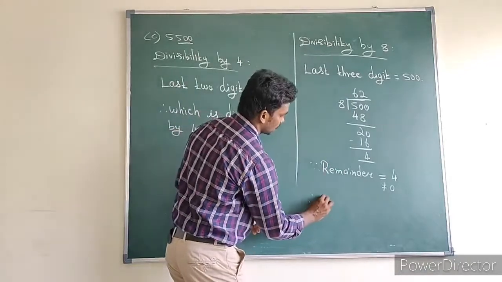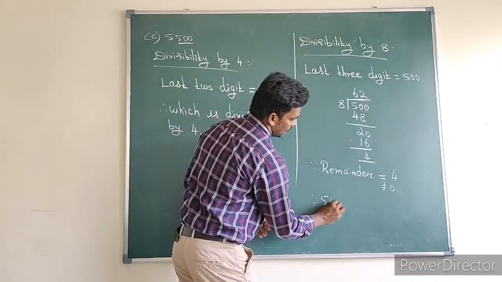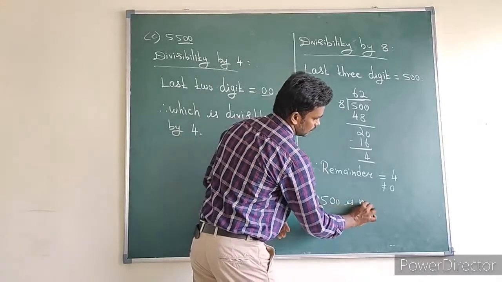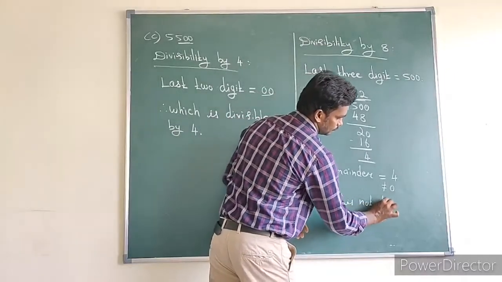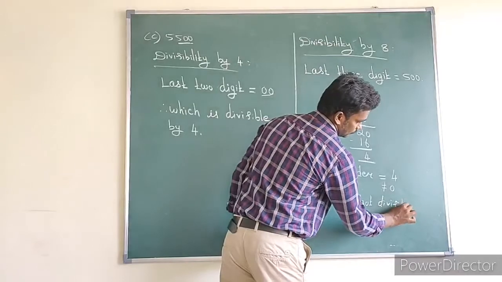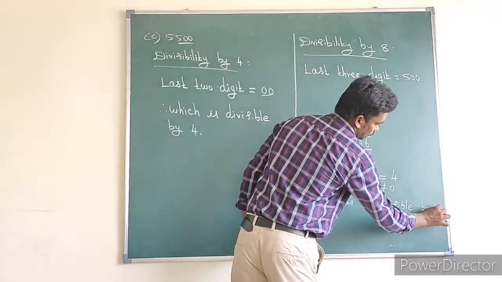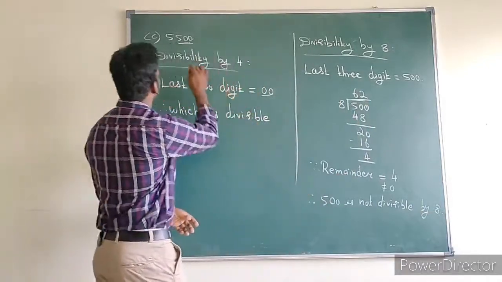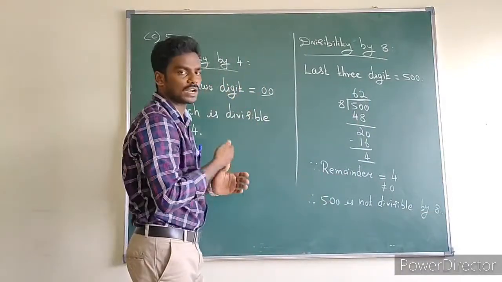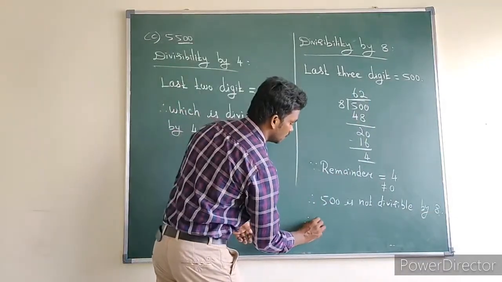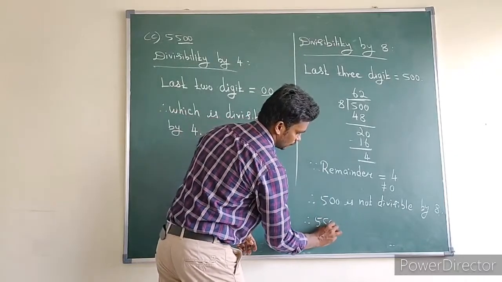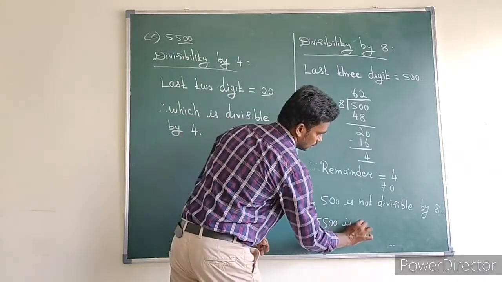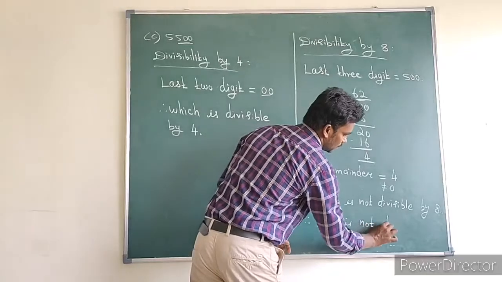Therefore, 500 is not divisible by 8. So if the last 3 digits are not divisible by 8, the full number 5500 is also not divisible by 8.